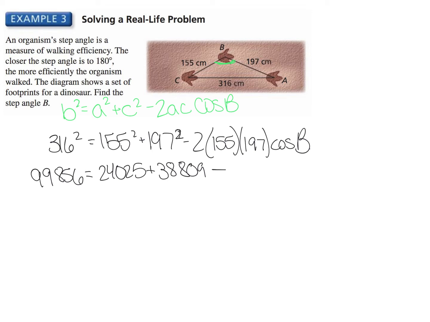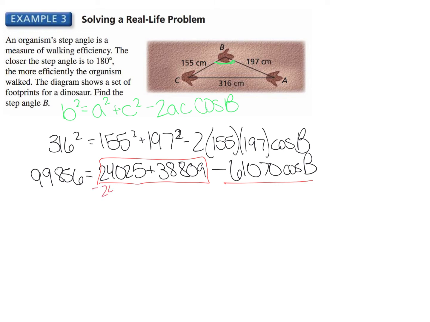Then we've got this chunk of 2 times 155 times 197, all multiplied by cosine B. So 61,070 cosine B. We need to subtract these two pieces and leave this chunk on the right-hand side.